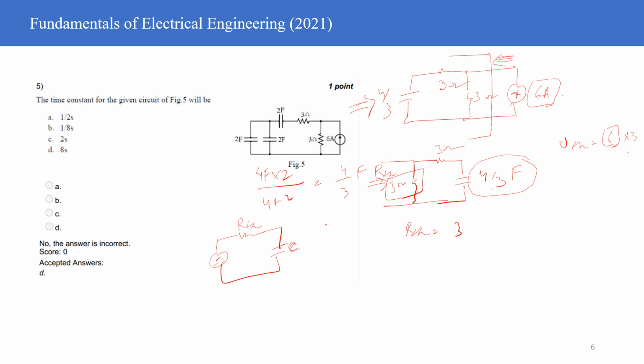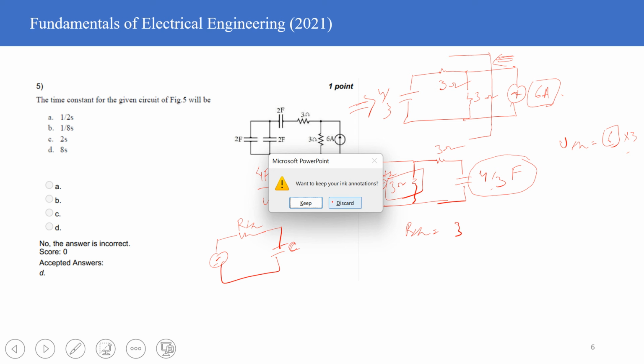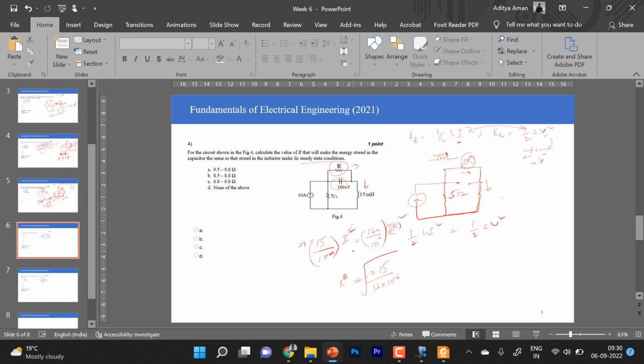You can figure out the RC time constant. So this is one method of doing it. But let us approach this question from a little more fundamental way. So let me just try to solve that in a more fundamental way.